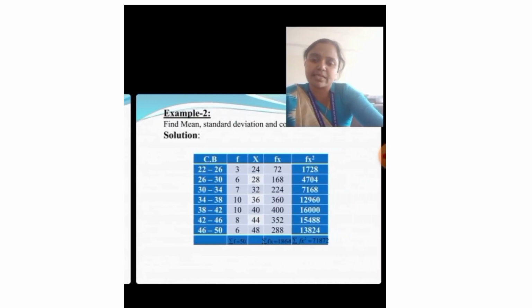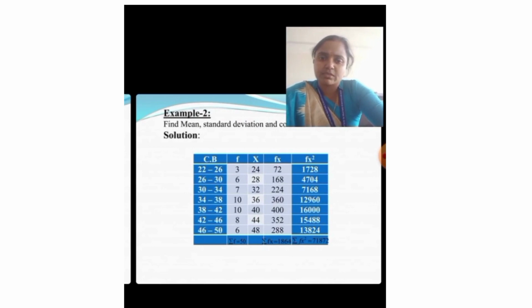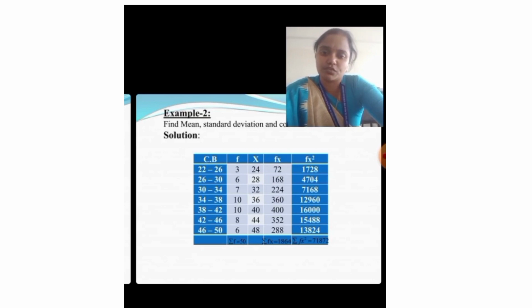Now the second example for finding the coefficient of variation is for a continuous case, that is, the given data will be in continuous form: 22 to 26, 26 to 30, 30 to 34, 34 to 38, 38 to 42, 42 to 46 and 46 to 50.